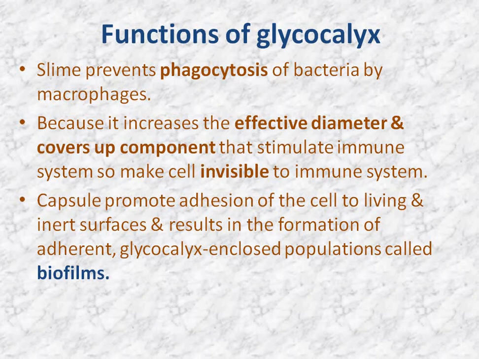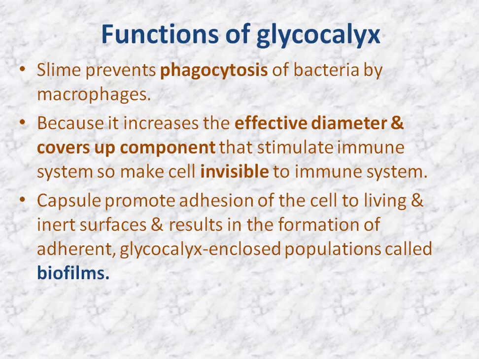Capsule promotes the attachment of cells to living as well as non-living surfaces. So it results in the formation of a layer on living as well as non-living surfaces, and that is called a biofilm. The bacterial cells attach to a surface, increase their number, and secrete a covering around them that is made up of glycocalyx.